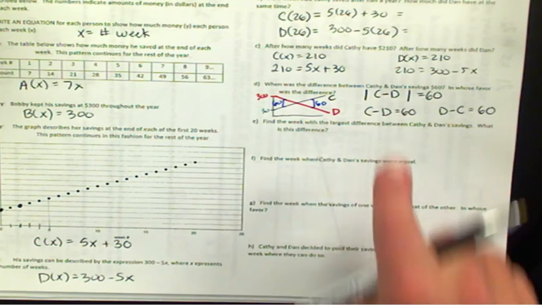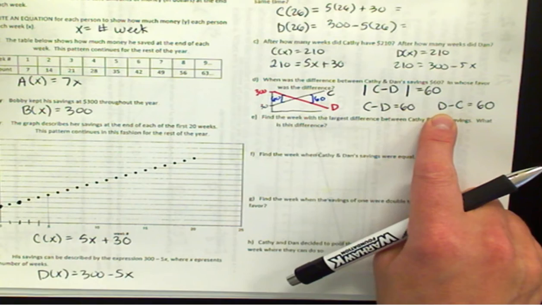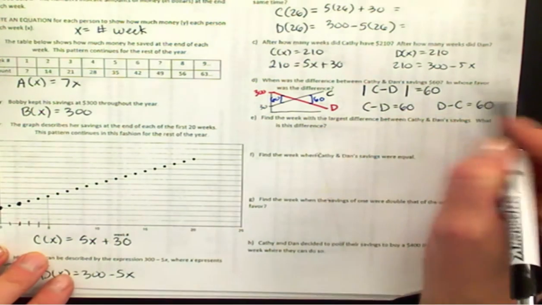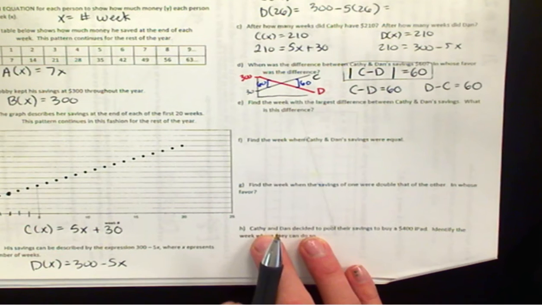Assuming their difference is positive there. Right? When does Kathy have $60 more? When does Dan have $60 more? These equations would end up solving to the same thing. Right? Absolute value is what's coming next. Okay?